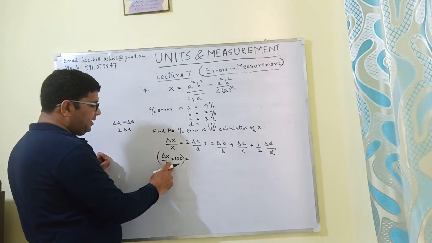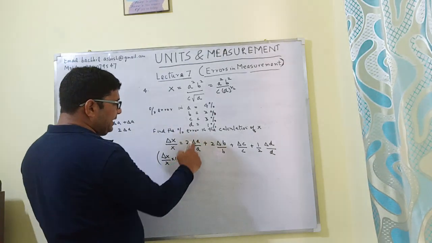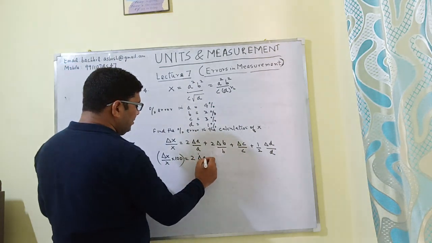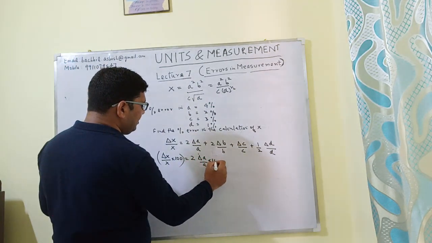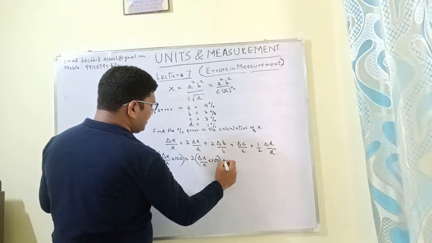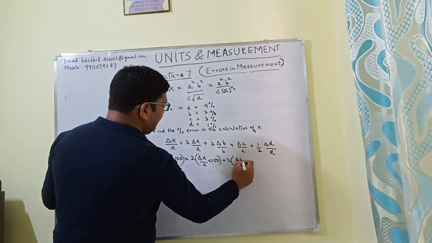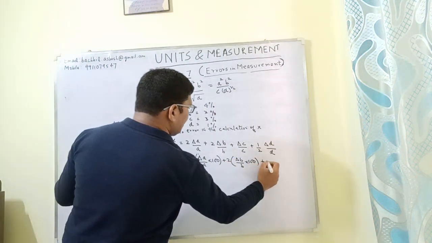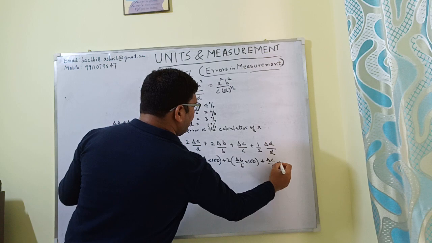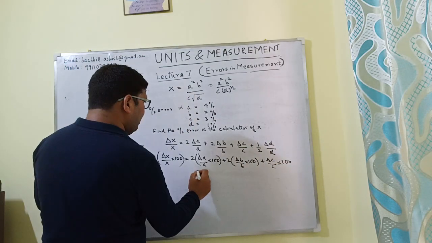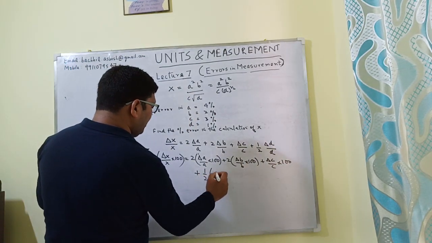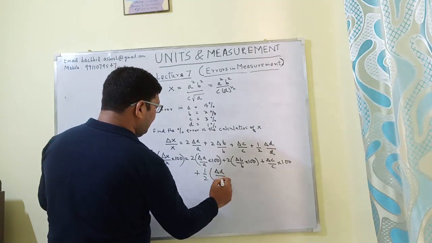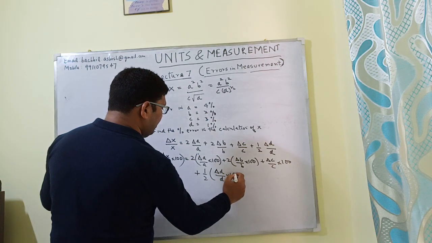So we will get delta x by x into 100, and similarly here we will also get 2 delta a by a into 100, plus 2 delta b by b into 100, plus delta c by c into 100, plus half delta d by d into 100.